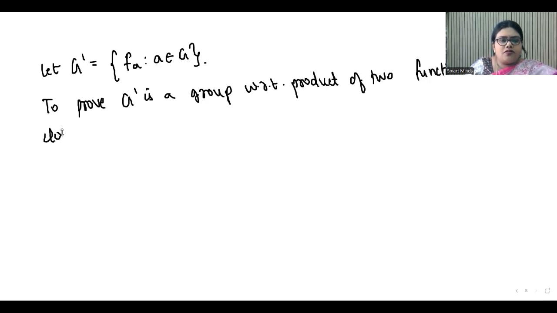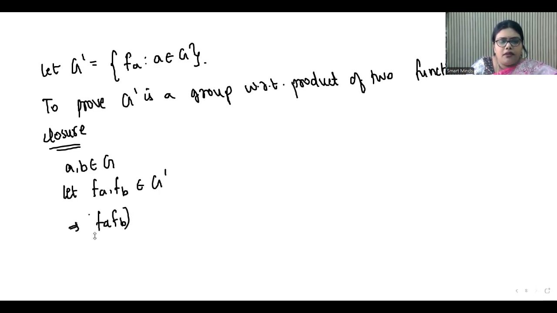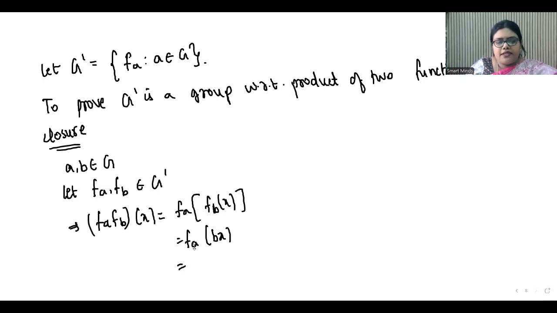So for this, first we will show the closure property. How to show closure? A, B belongs to G. Let FA, FB belongs to G dash. That means FA FB of X is equal to FA of FB of X. That is FA of, what is FB of X? It is same as BX. And FA of BX is A into BX.